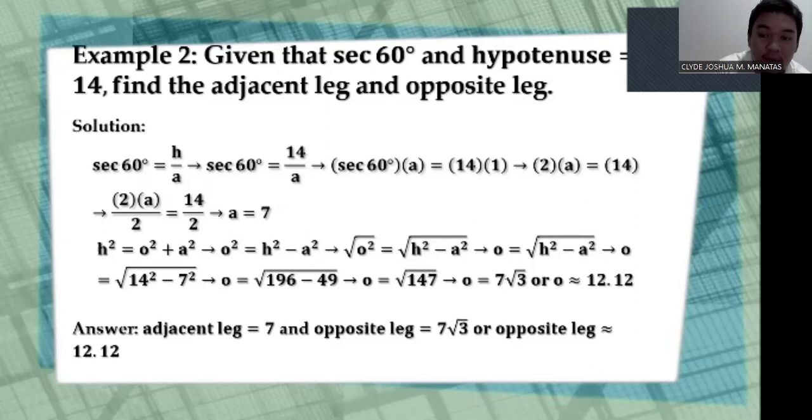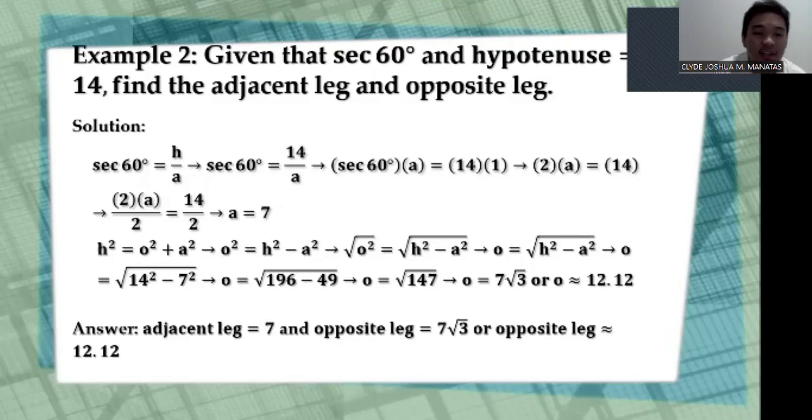Substituting, hypotenuse is 14 and adjacent is 7, so opposite is the square root of 14 squared minus 7 squared. 14 squared is 196 and 7 squared is 49, so 196 minus 49 is 147. The square root of 147 is 7 square root of 3, or approximately 12.12.